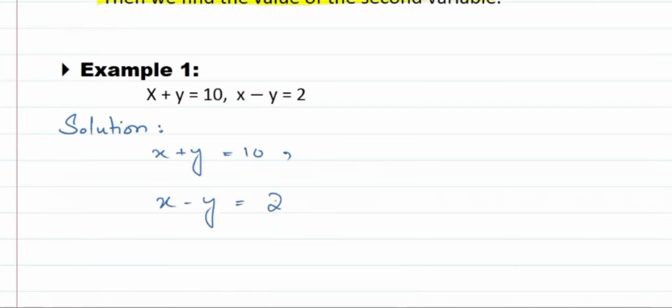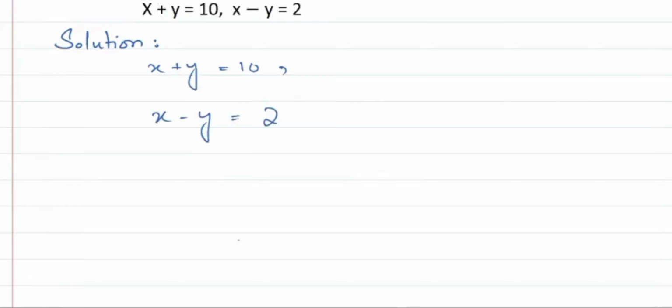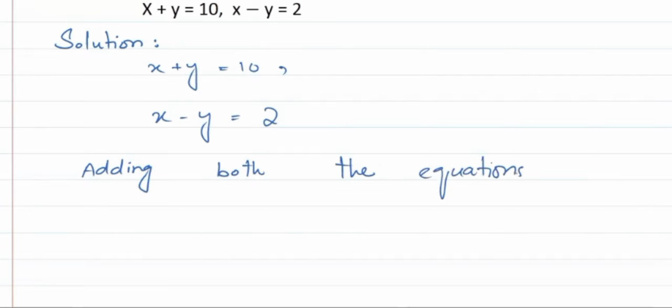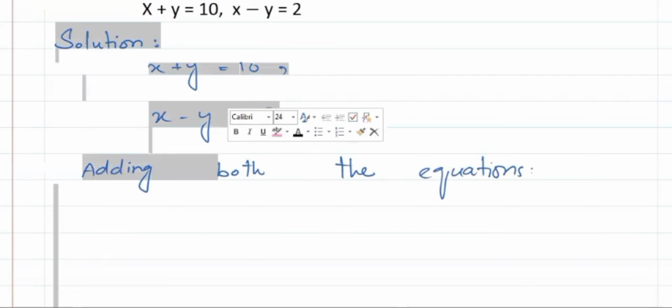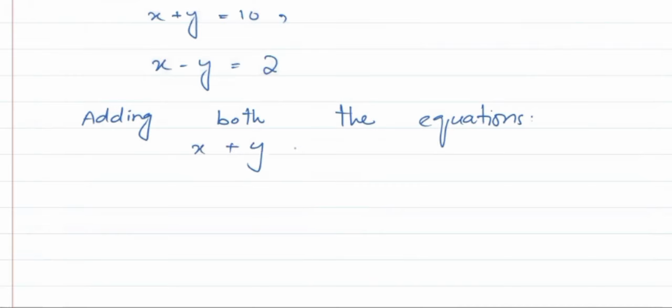Now add both the equations. x plus y equals 10 and x minus y equals 2.